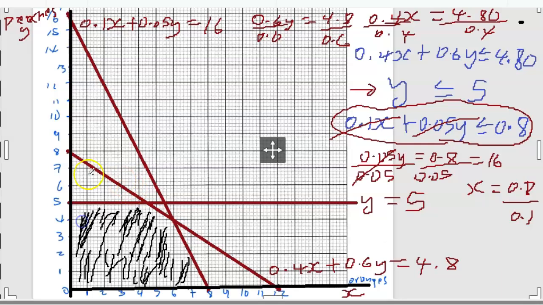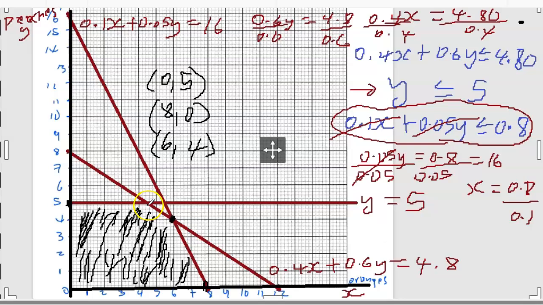We also need to take note of all the critical points, all the endpoints. That's one endpoint there, that's 0, 5. The other endpoint there, that's 8, 0. Another critical point there, that's 6, 4. All those are the corner points of the critical shaded area.